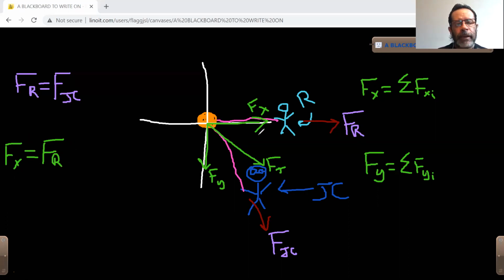And so we're going to have JC's x component of his force. And just for the purpose of this exercise, I'm going to say that the angle of JC's force here is 60 degrees.